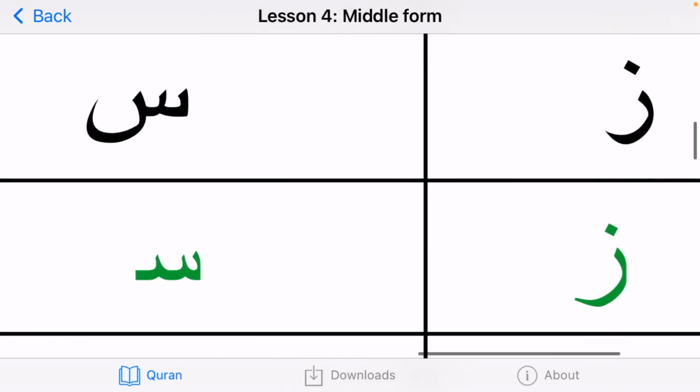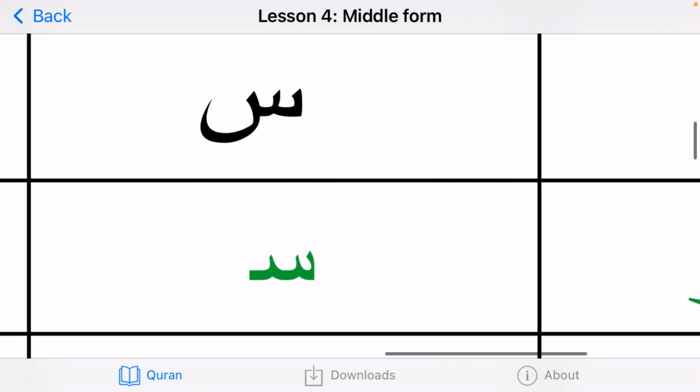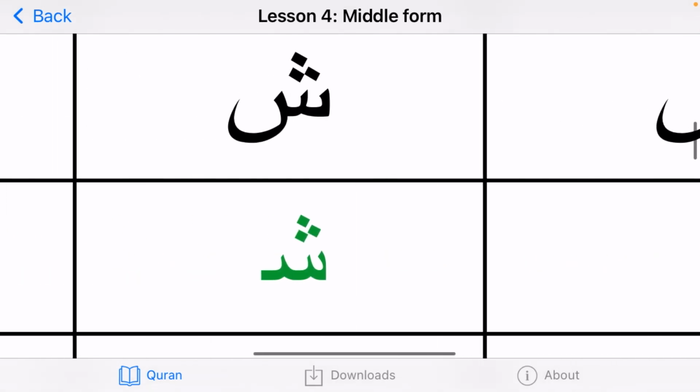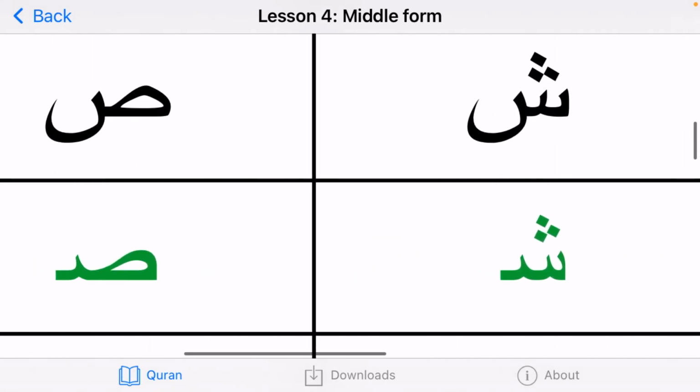Za also looks the same regardless of where it is. The same with Ra. Sin, again, should have a line coming into the letter and a line that's going to move outside the letter. But inshallah, again, the picture at the end of the video will show.